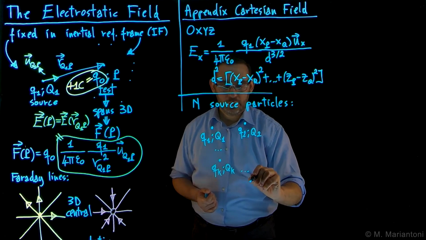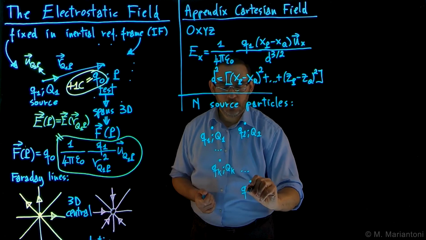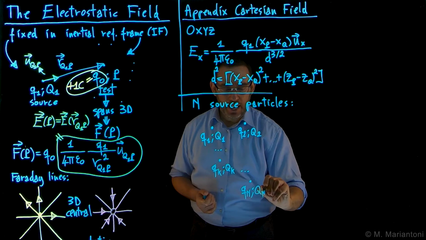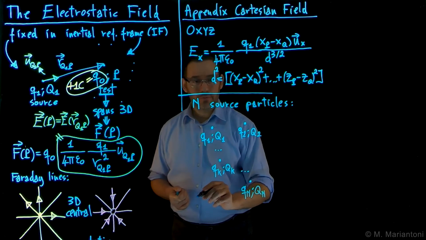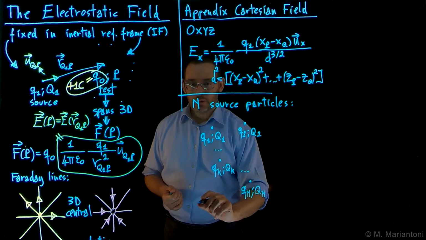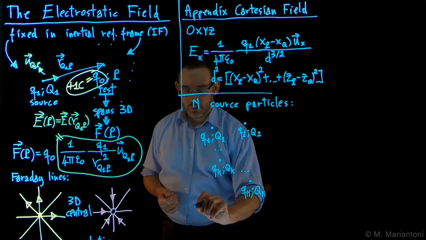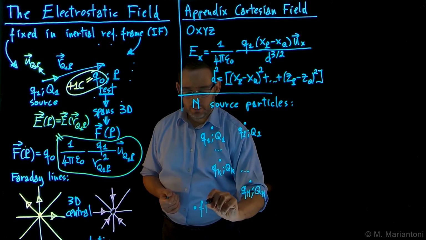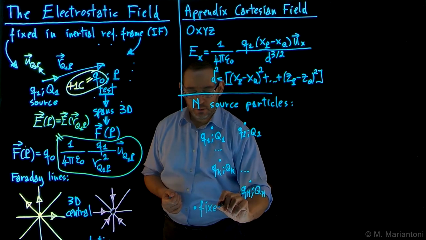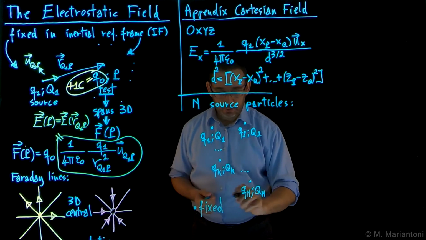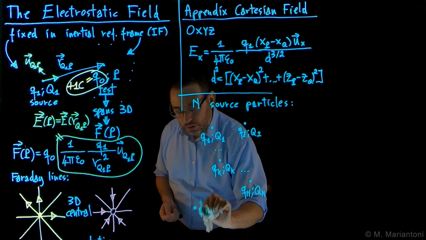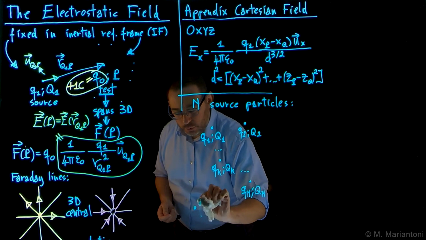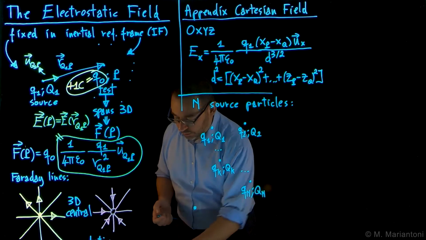And finally, the last charge, which will be Q capital N at point capital QN. So N source charges in space, which again, in the first situation, let's consider that these charges are known and fixed. So we know the charge distribution and we know that it's a fixed charge distribution.